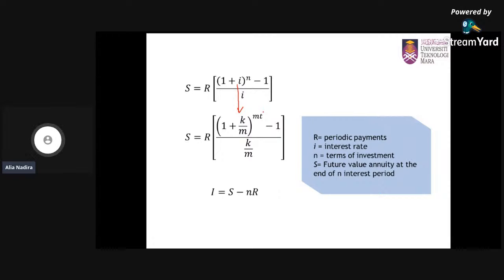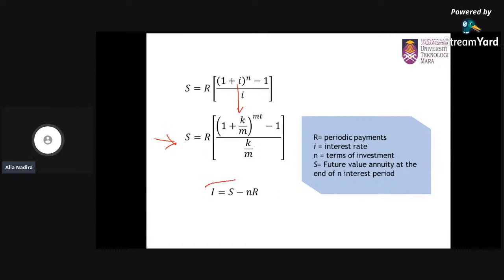Kalau you okay with compound interest, then you should be okay with annuity. Tapi kalau you masih tak clear lagi on compound interest, then you will have a problem lah nak buat annuity. Okay, so normally untuk calculation, kita akan guna this one, the second formula.